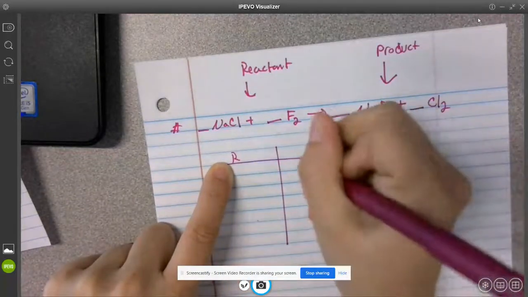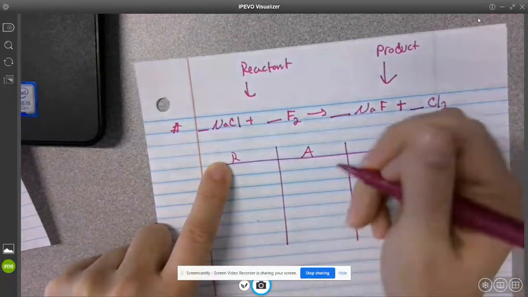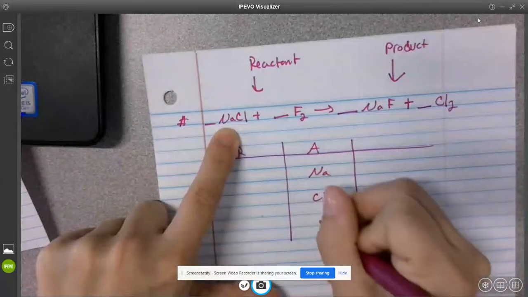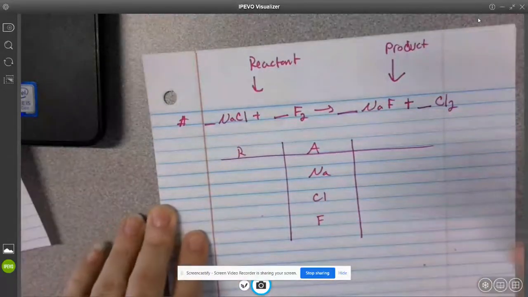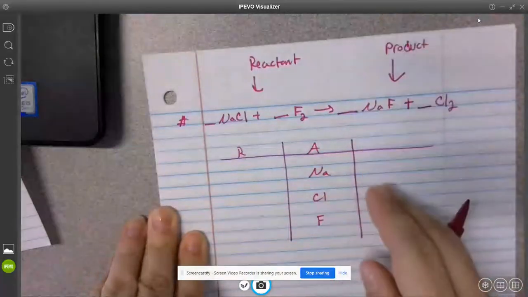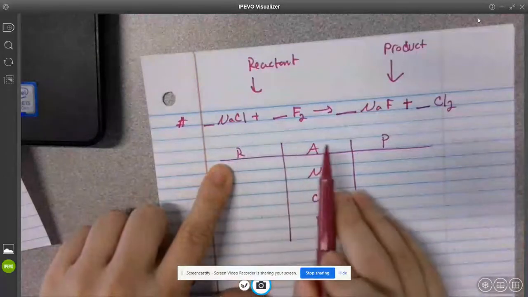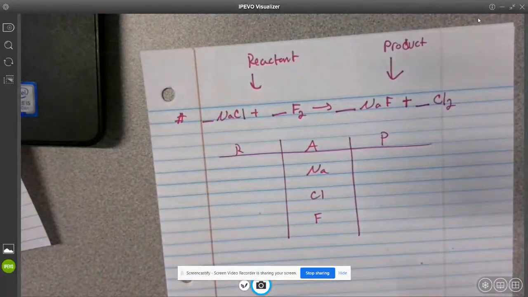So we have an R. Your elemental atoms, that's our A. And we know that we have Na, Cl, and F. Those are our 3 different elements. And last but not least, we have our right side, our product side. And so that gives us an RAP table.